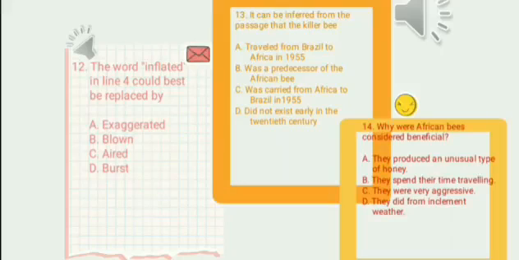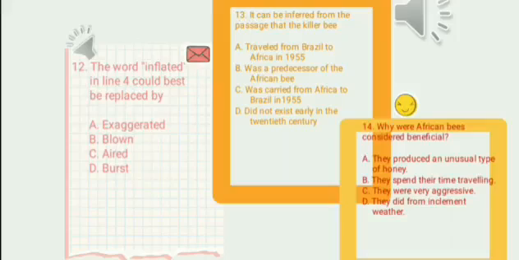And next, number 14. Why were African bees considered beneficial? A. They produce an unusual type of honey. B. They spend their time traveling. C. They were very aggressive.